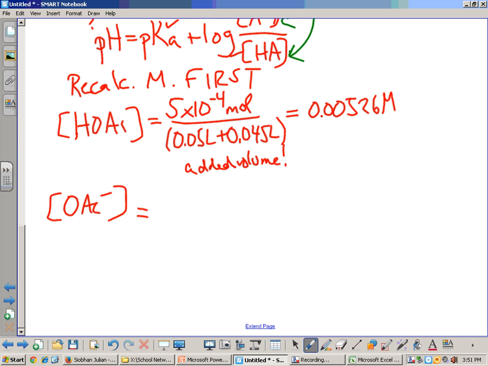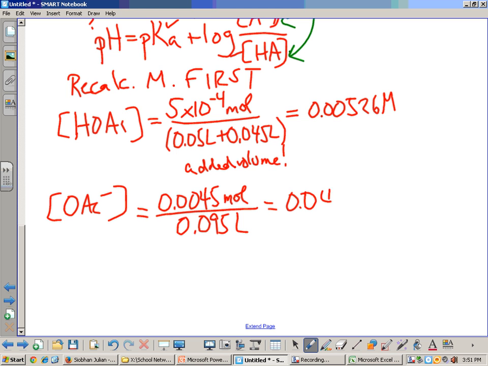The moles, we used our BCA chart to figure out that we've got 0.0045 moles of the acetate ion. And again, added volume, the same volume of solution as before, 0.095 liters. Doing this math out, I get a concentration of 0.0474 molar.